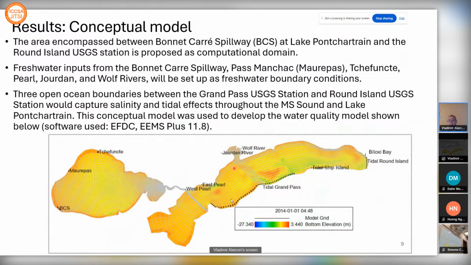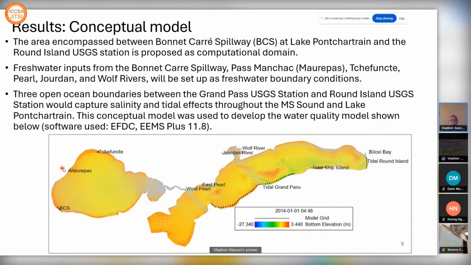After doing all of this analysis, we developed the computational grid and also the hydrodynamic model using the Environmental Fluid Dynamics Code, the commercial version.